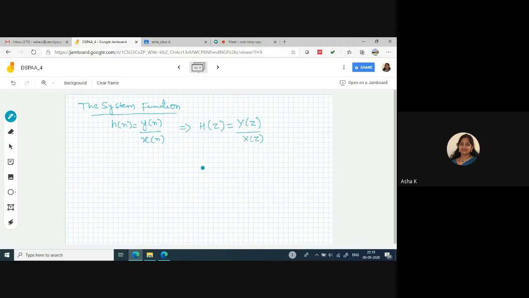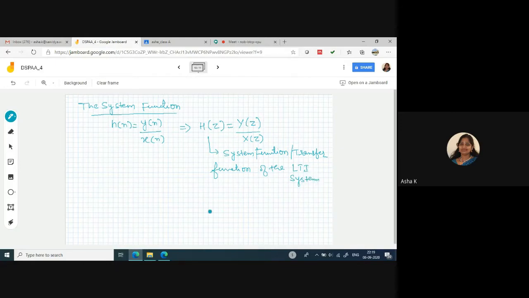Here H of z is called the transfer function of the LTI system, or it is also called the system function, or the transfer function of the linear time invariant system.